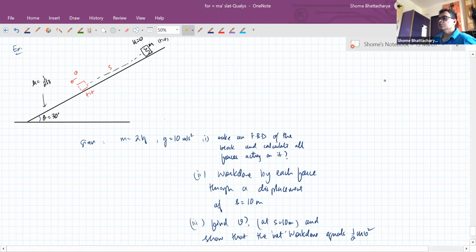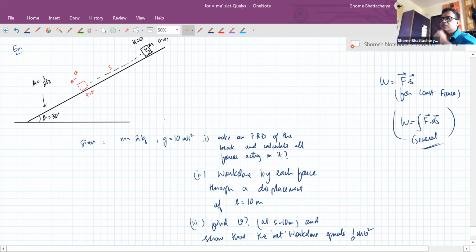Here you will see the forces are constant, so we can use directly F dot S for constant force. But the more general definition is integration of F dot ds. So here we will not need the general definition. We can just reduce it to F dot S because all the forces acting on this block will be constant forces.